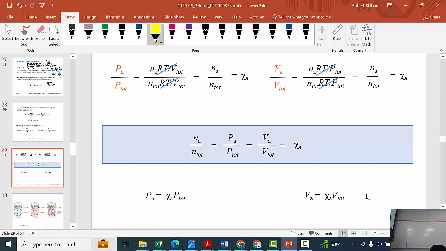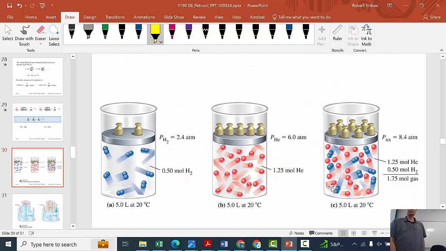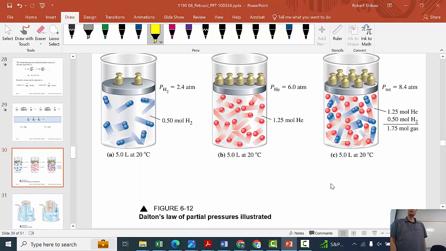And so there are some more ways. I like to think about this visually rather than mathematically, which we can. Let's take this gas and look at it visually versus mathematically. When we do Dalton's law, the volume of the gases has to be the same. And so we call that constant volume.